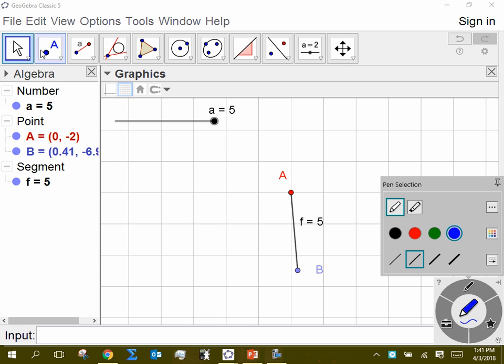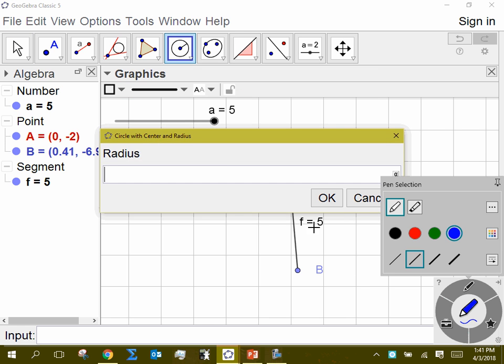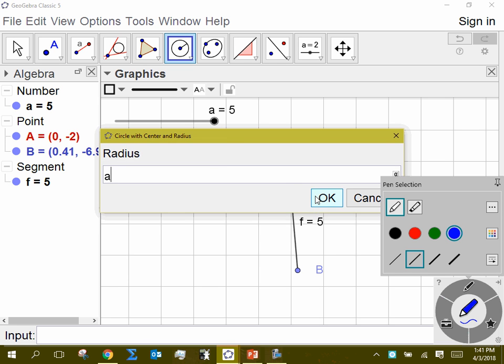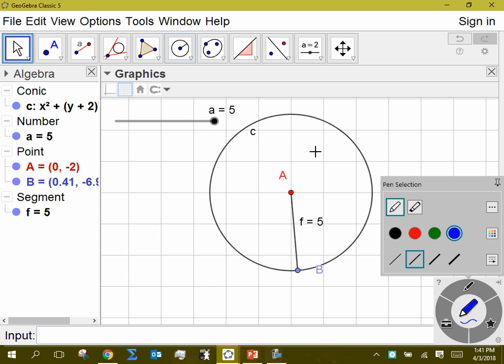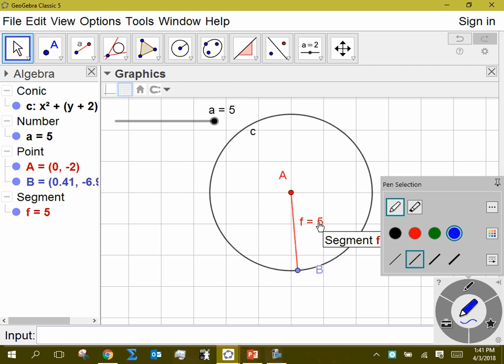So let's talk then about some other things about this circle. We've got that circle. Obviously, that distance there, what do you call that red length? Radius. That's a radius.